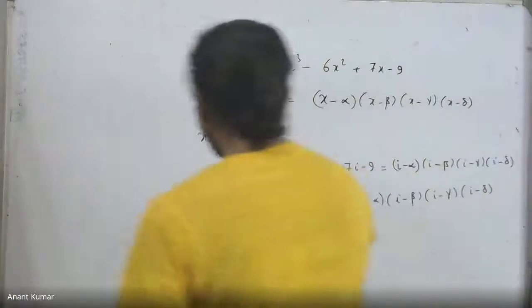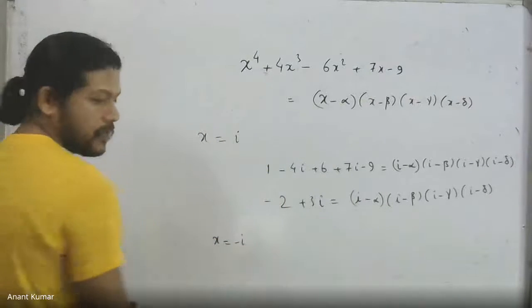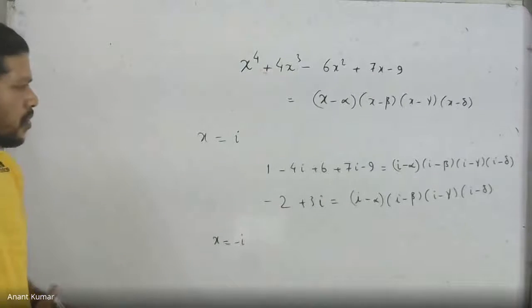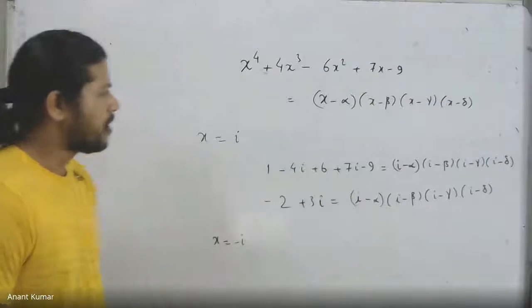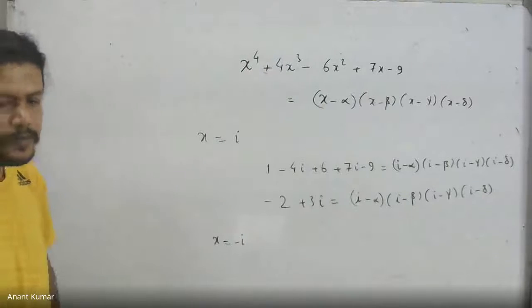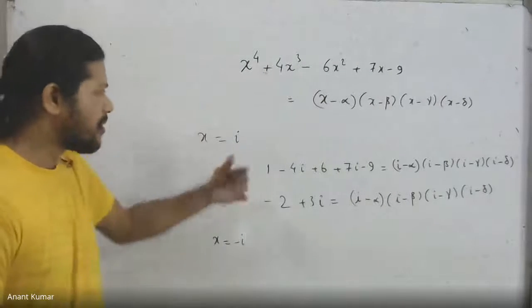Anyway, in this case, if I put x equal to minus i, we end up getting the conjugate. The right side will turn out to be minus i minus alpha, minus i minus beta, minus i minus gamma, minus i minus delta. And this side will remain the same, it will just replace i with minus i.